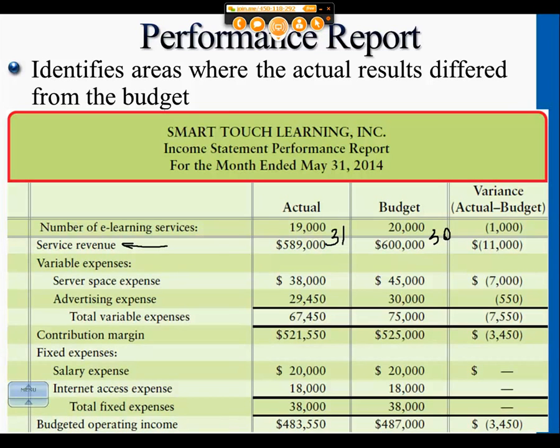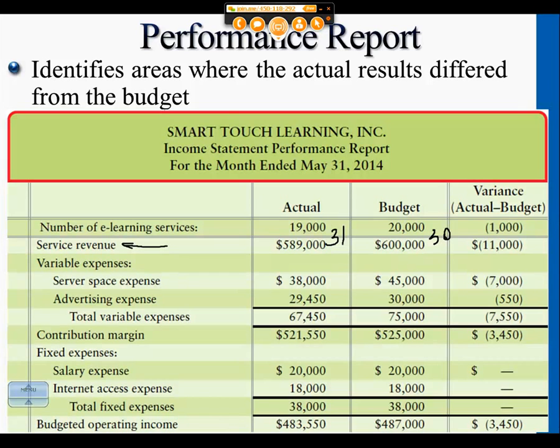I got $31, right? And I planned to get 30. Is it good or bad? It's good, right? So by analyzing the whole report, you can see where you're doing better and where you're not doing as well. So let's look further.